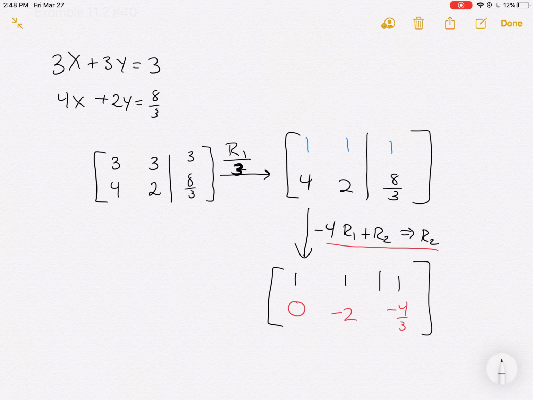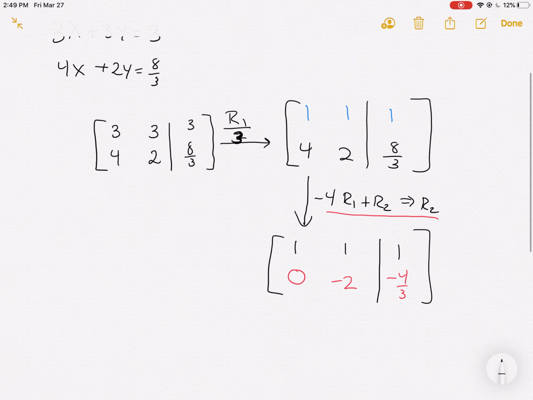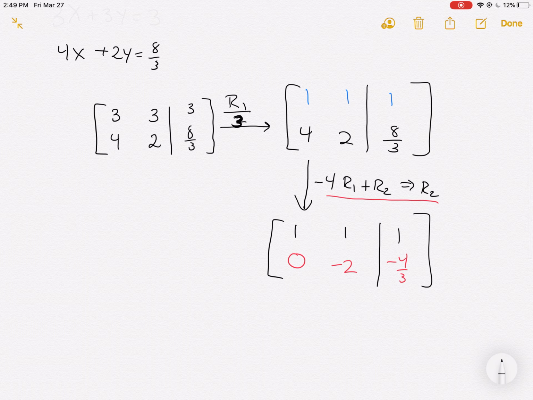So each time, just taking -4 times the top number and adding it to the bottom. So I want to make sure you're okay. What I claimed was that -4 plus 8/3 was -4/3. Well, that's -12/3 plus 8/3, and I think you can see now that that's -4/3.